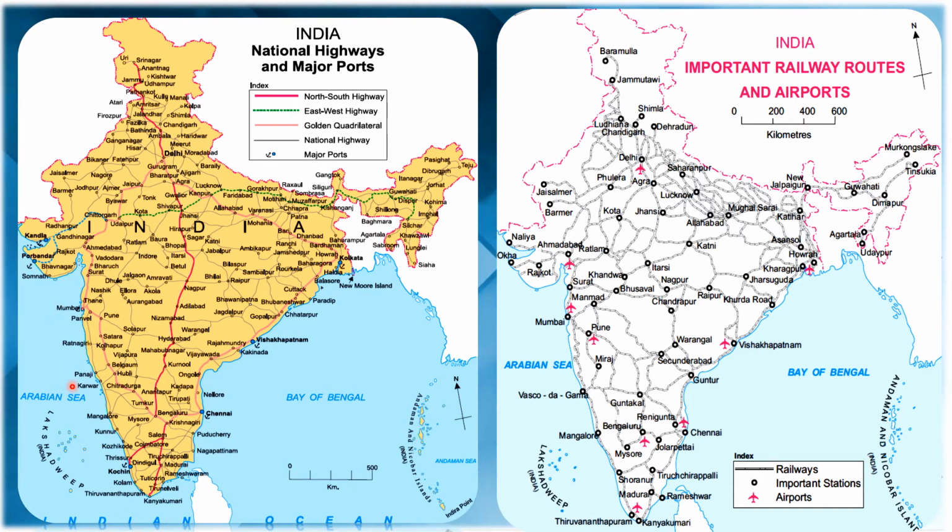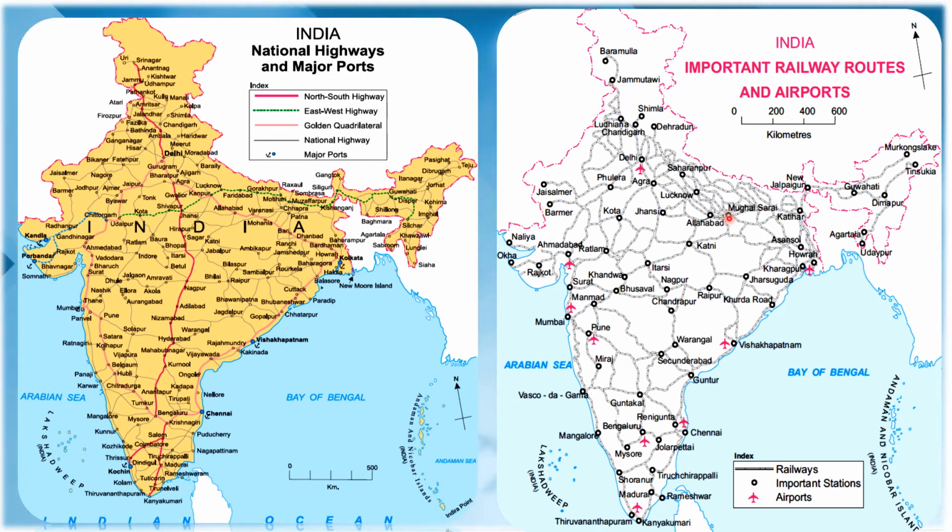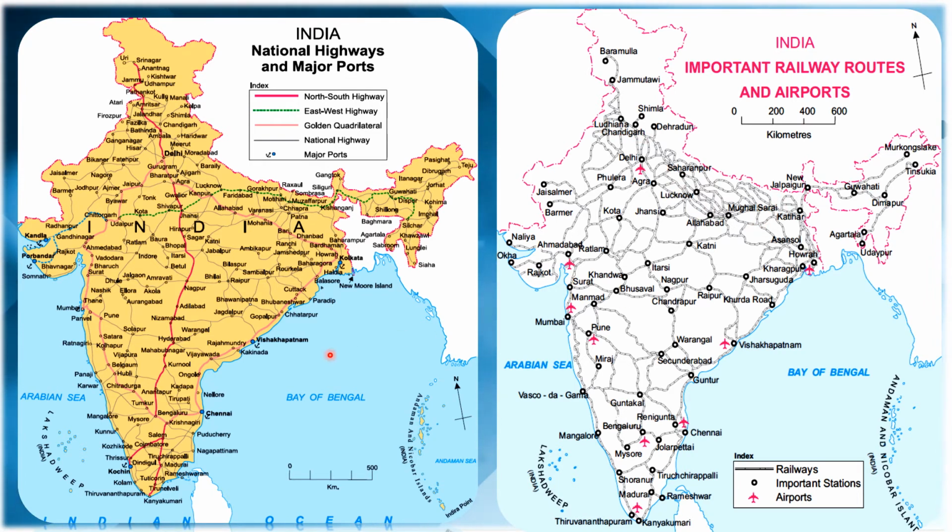It is easier and cheaper to build roadways and railways in plain areas, and that's the reason the concentration of transport is more in the North Indian plains, because the land is fertile and plain here, so the cost incurred will be less.